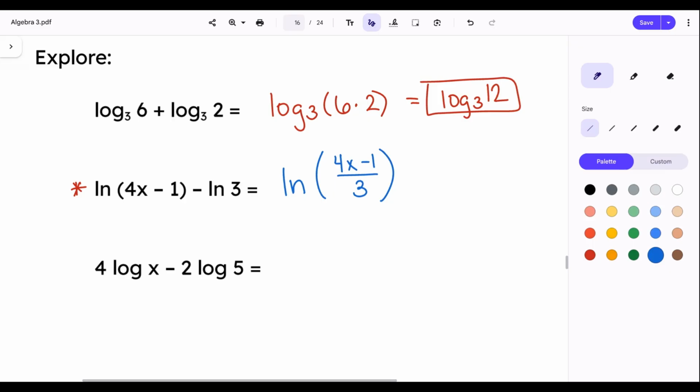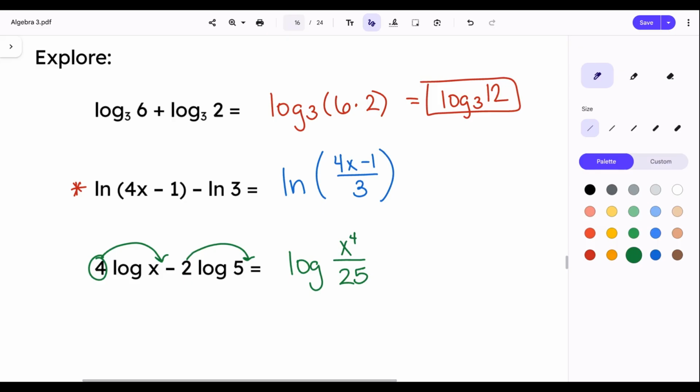Good, yeah, and let's just leave it there for right now. And how about the last one? Okay, good, yeah, because this would come up here, so that would say log x to the fourth, and then this 2 would come up here, and 5 squared is where you guys got the 25 from. Since there's a minus sign in the middle, that's why you guys were dividing.